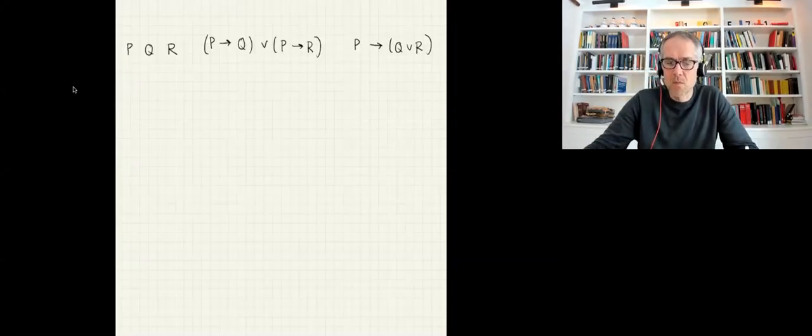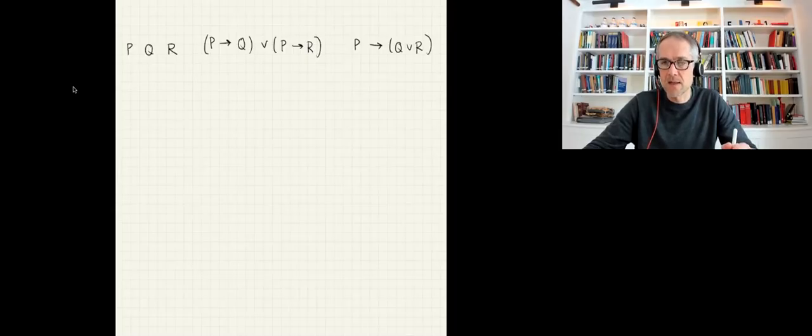Okay, so we want to see if there is a case where the premise of this argument is true and the conclusion is false. If we did this longhand, if we wrote this out in full, we would have a truth table with 8 rows. So it would be quite a lot of writing in ones and zeros and making sure we had everything in order.